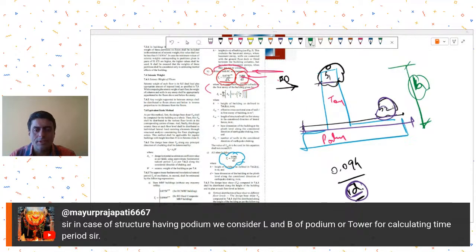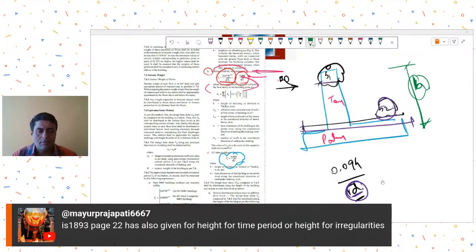So the basic concept, just remember that you would want the lower time period. Accordingly, you choose the width and depth, or B and D, of your structure. Now, there is no figure given in 16700. IS 1893 page 22 has the general figures given for heights, not only for irregularities.